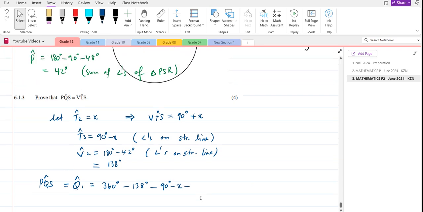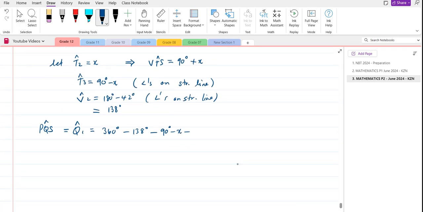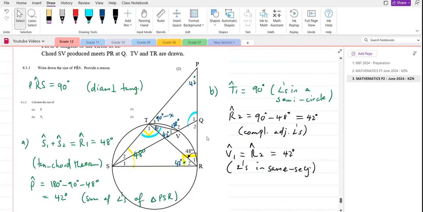Wait, be careful when you're writing 90 minus x. It should be in brackets because that's an entire angle. And minus 42, which is the top angle, and that was angle P.